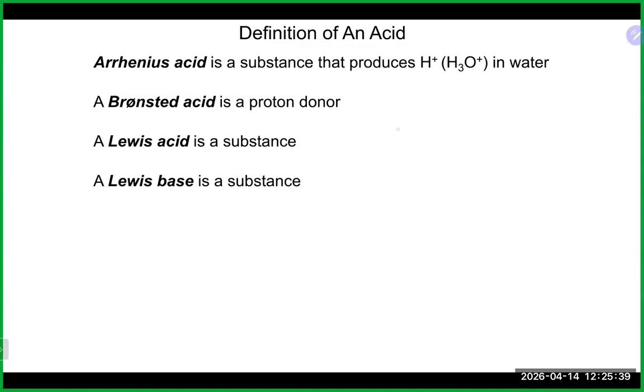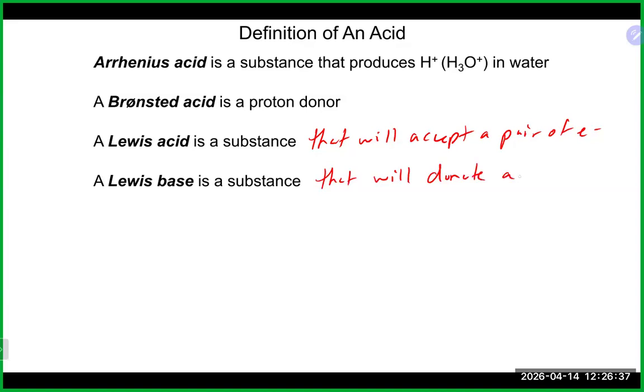A Lewis acid is a substance that will accept a pair of electrons, while a Lewis base is something that will donate a pair of electrons.